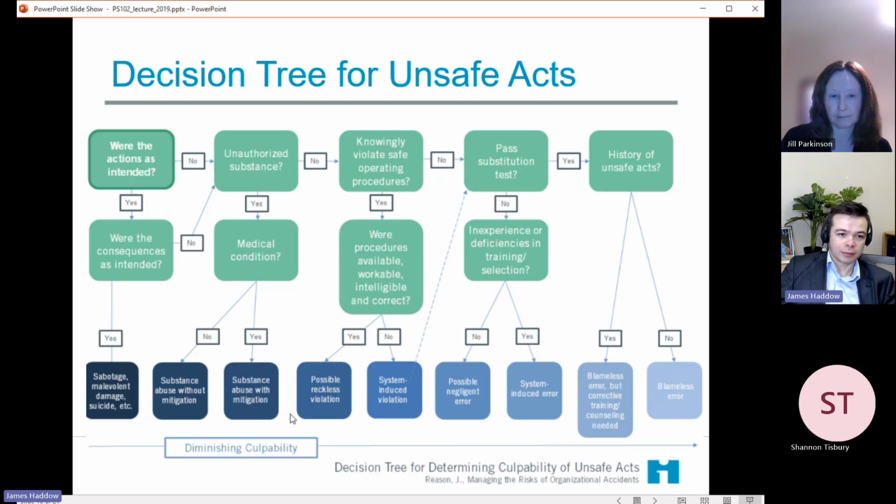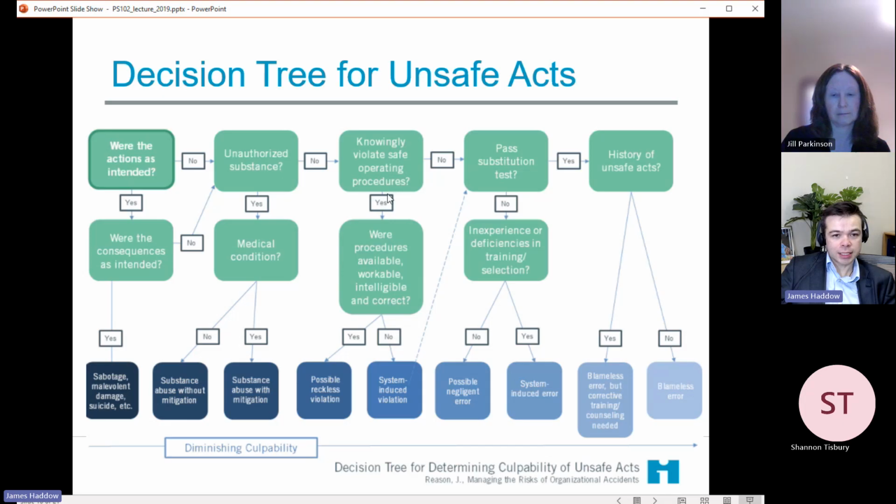So you might have an issue where a member of staff is misusing substance. Is that whilst they have a medical condition, are they on maybe opiate analgesia for a good reason, or are they just addicted to drugs without any medical condition?